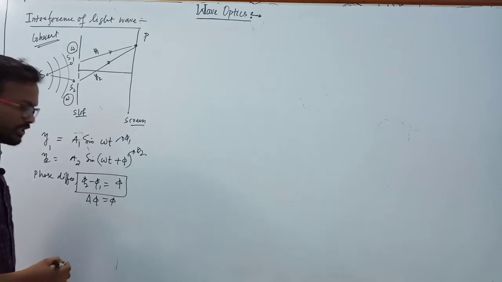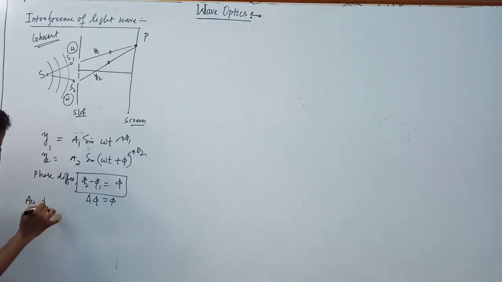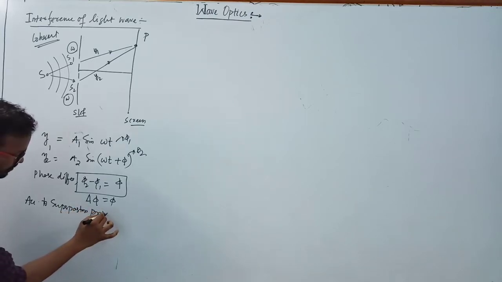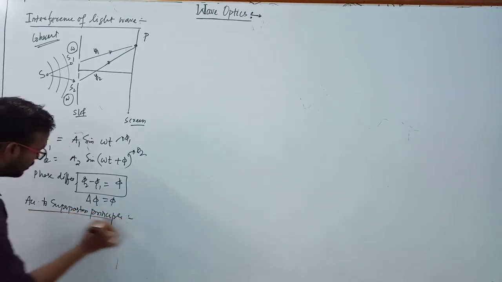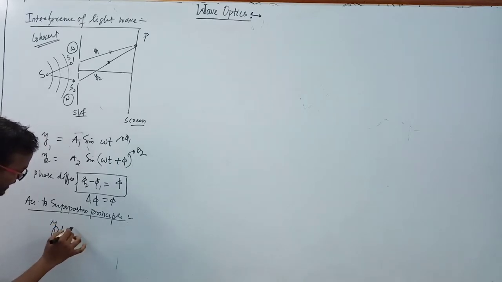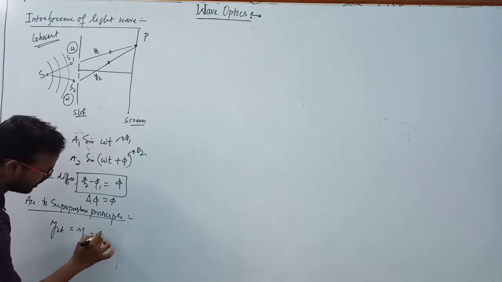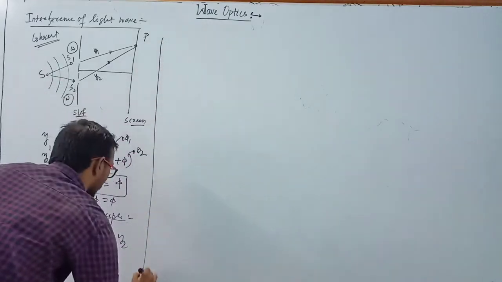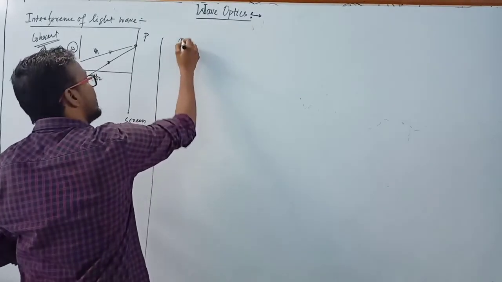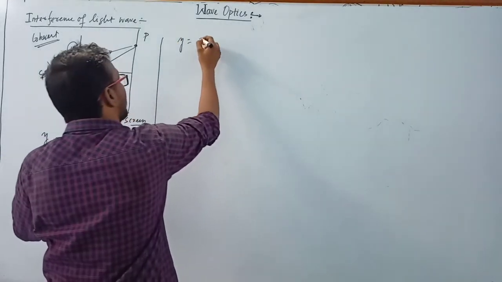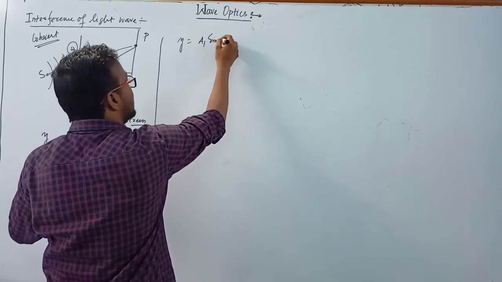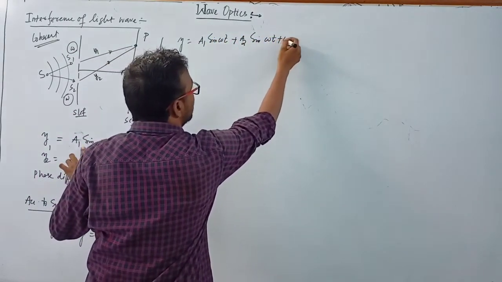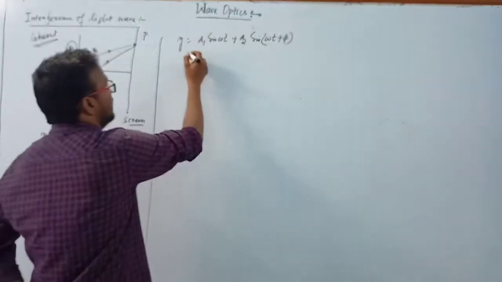Now, according to the superposition principle, we can write y net, or y, equals y1 plus y2. By using this principle we can solve here. So y equals y1 plus y2, which is a1 sin omega t plus a2 sin(omega t plus phi).